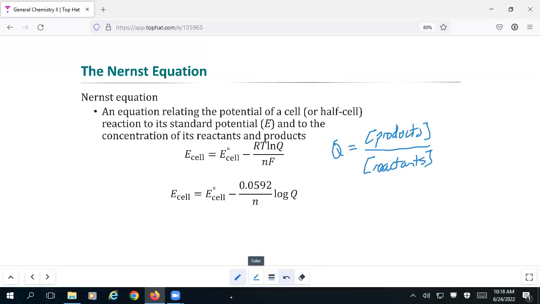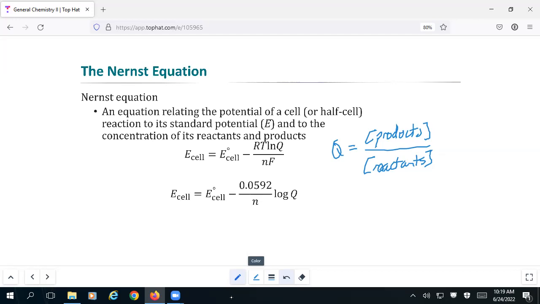And so that's an important distinction to make, because what that really tells us is that if we can maintain standard temperature and pressure, depending upon our reaction itself, we don't necessarily have to obey standard conditions in terms of concentration. The Nernst equation tells us so long as our Q value hits unity, Q is equal to 1, it'll be like we were conducting it at standard conditions anyway.